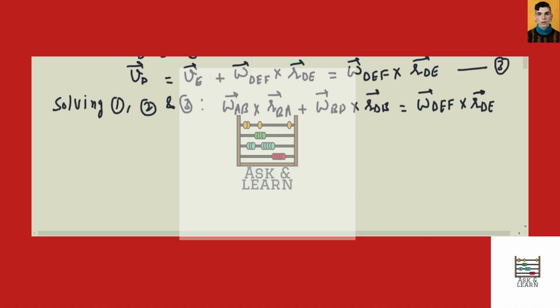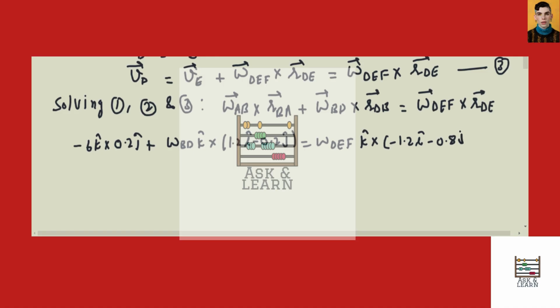Omega AB is minus 6 k cap cross r_BA, already we have written 0.2 j cap, plus omega BD, we don't know omega BD, k cap cross r_DB, 1.2 i cap minus 0.2 j cap, equals omega DEF k cross r_DE, 0.09 i cap plus 0.6 j cap.